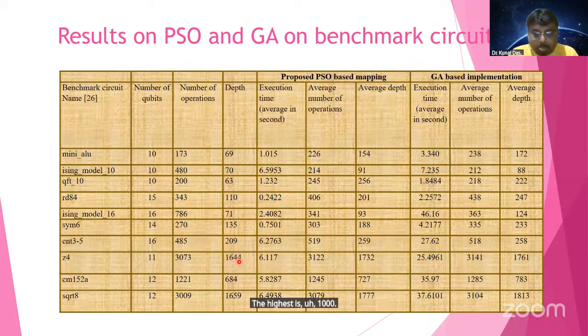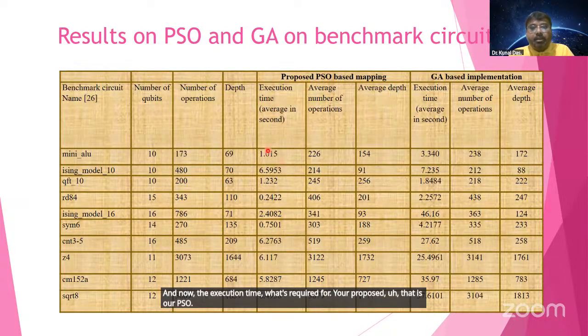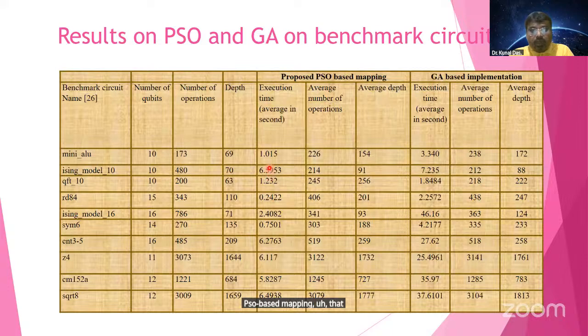Now the execution time required for our proposed PSO based mapping is relatively lesser compared to GA. You can see that for the highest depth, GA takes some 25.4 milliseconds, whereas ours is 6.117.